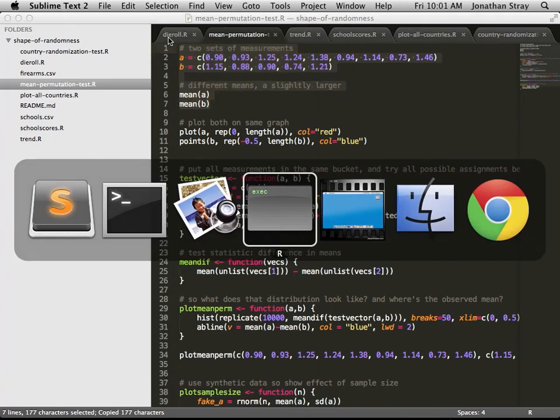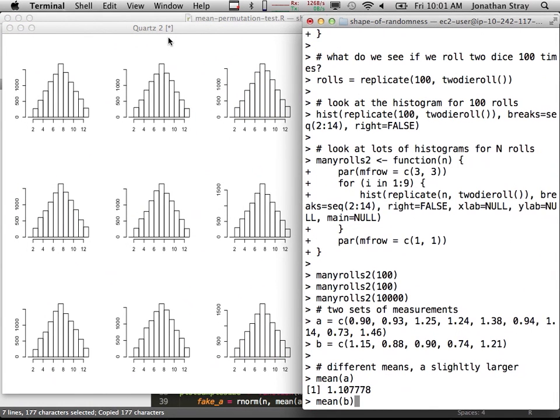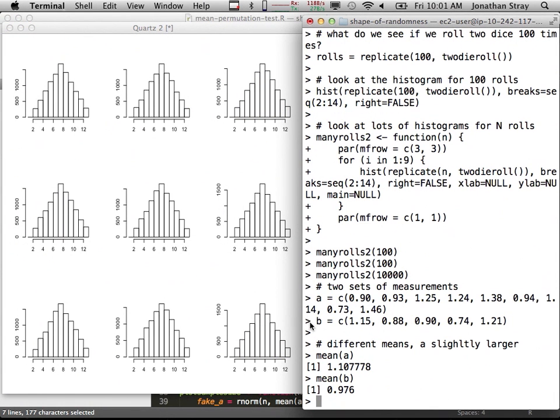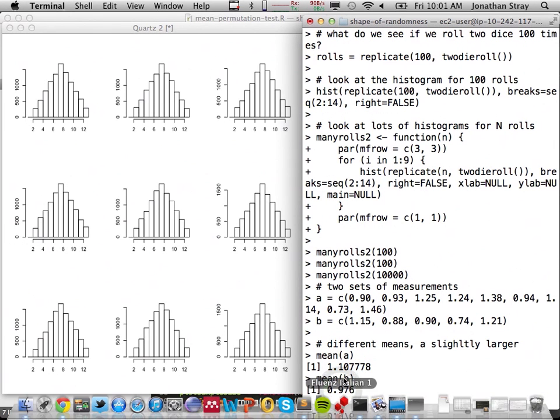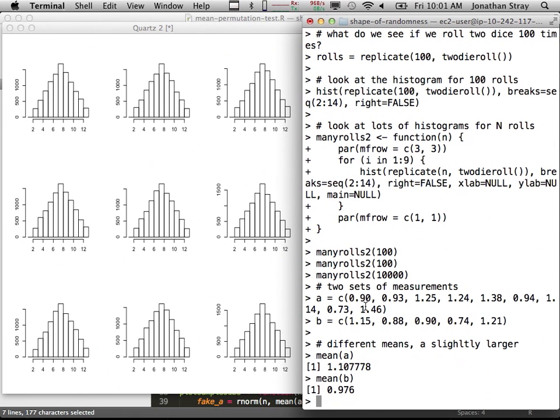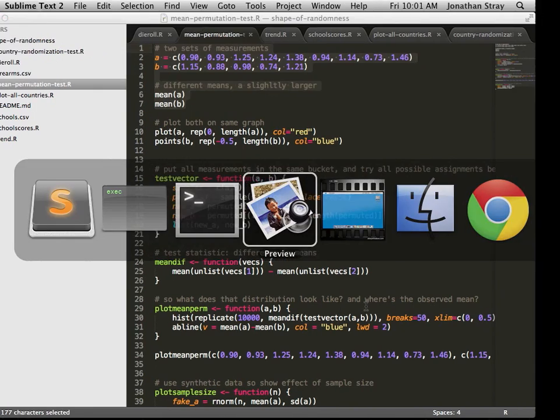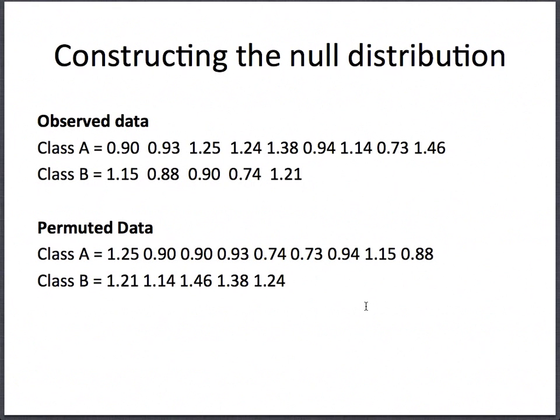If I look at these two sets of numbers, and I type them in, and all I've done is ask for the averages, 1.1 versus 0.97. So class A has higher scores. And they're not even the same size in this case. One class is smaller than the other.